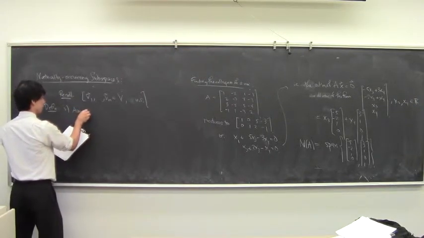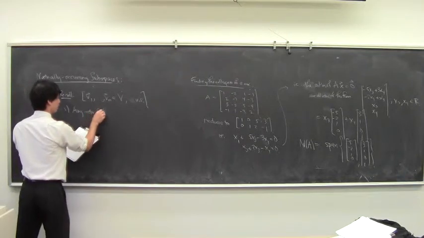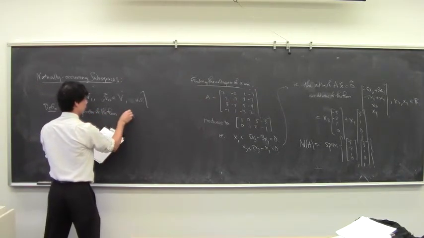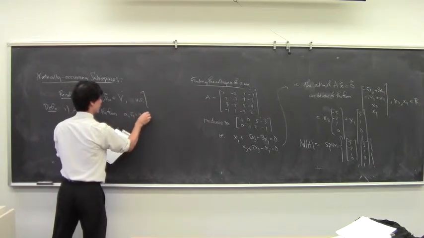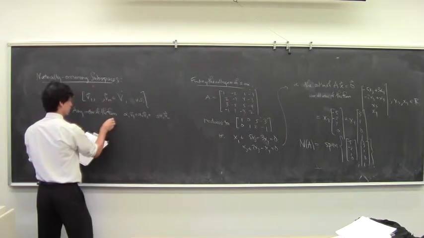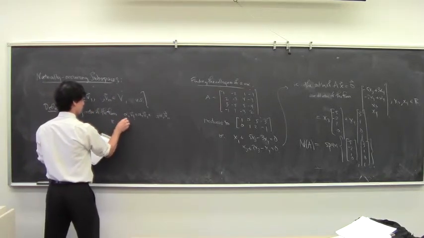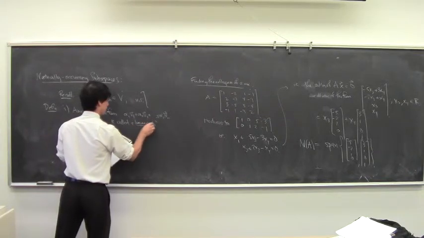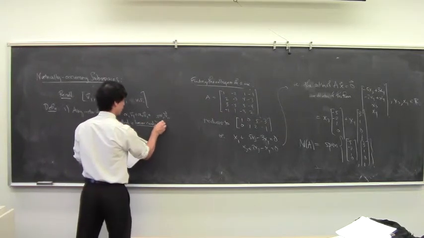Any vector of the form alpha 1 v1 plus alpha 2 v2 plus ... plus alpha n vn is called a linear combination of v1 through vn.